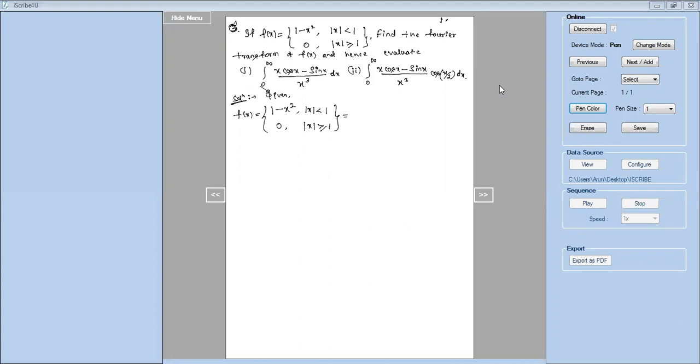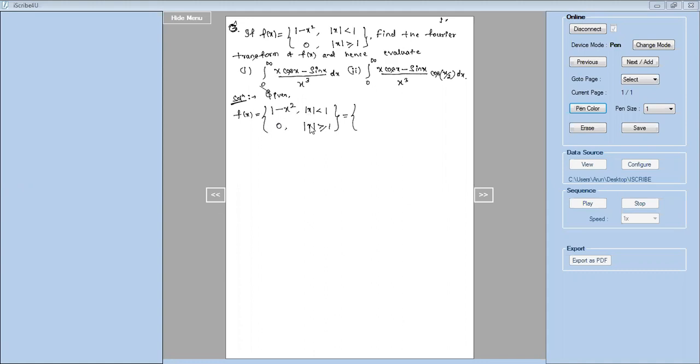Now see, already I said in the last class, when you have a problem which contains mod x, the limit is mod x less than 1, mod x less than alpha, mod x greater than something like this. Modulus of x less than something or greater than something means you have to rewrite the function. So this is what we did in the last two problems.